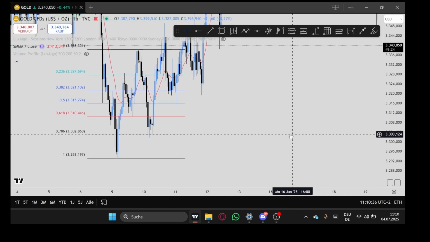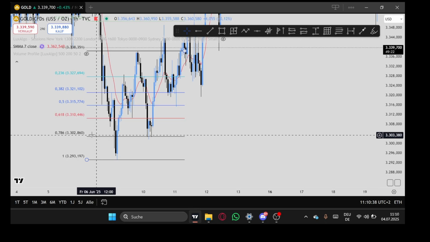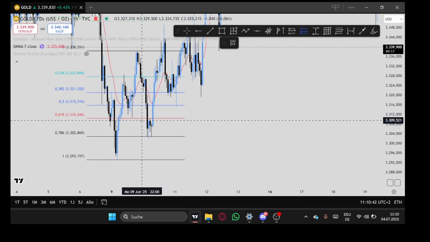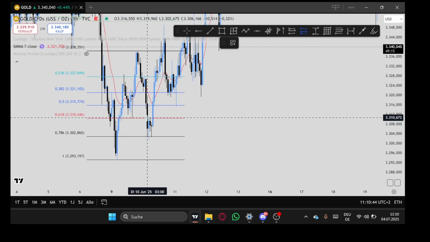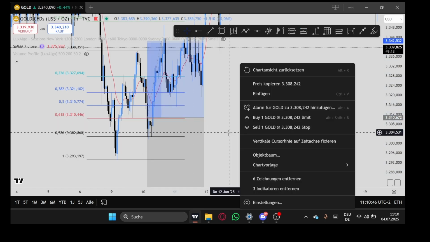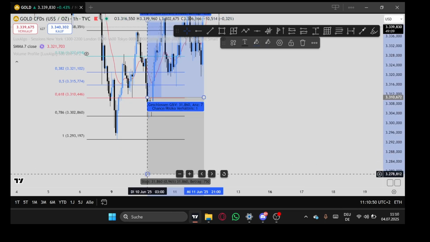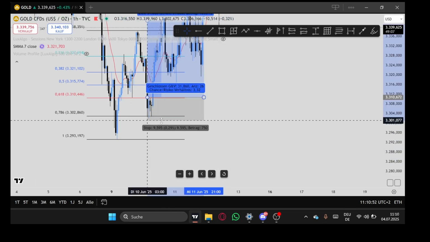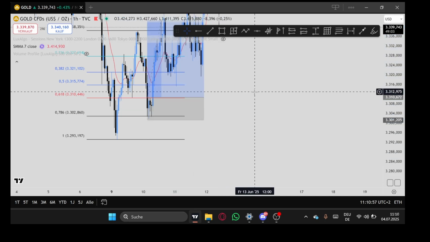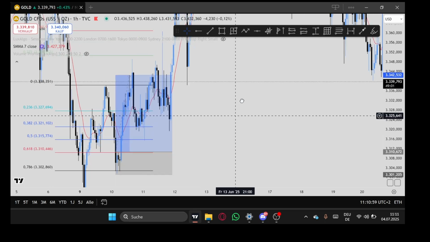Again, here you would have gotten the 786 level. So again, if you've put on a long position, if you use limits, most probably you would have gotten stopped out here.